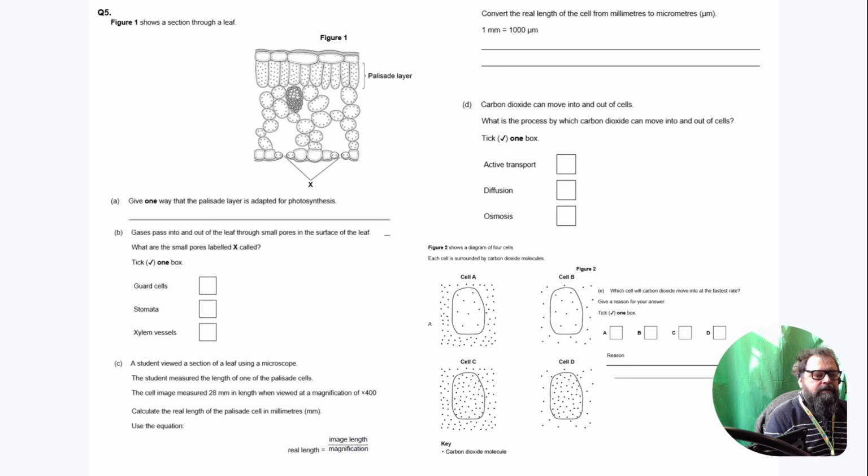Cell A is going to be where diffusion happens fastest. And our reason, and you must get the correct cell to get this mark, the reason is that there's a bigger difference in concentration of CO2 levels from inside the cell compared to outside the cell. Or you could say in cell A, there is a steeper diffusion gradient.